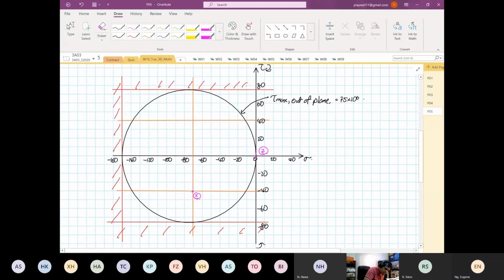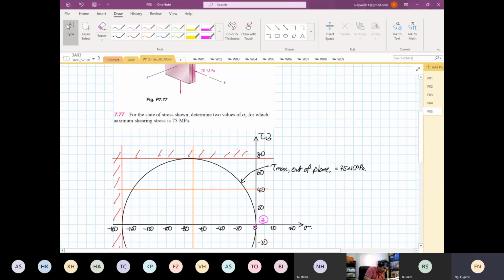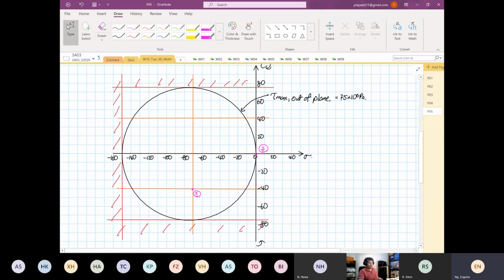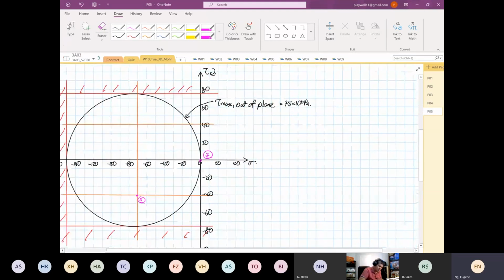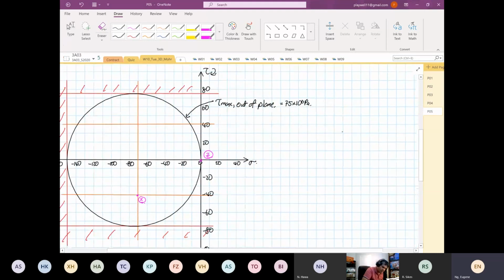Right? In our problem, it states that the maximum stress, you have to satisfy this rule. Okay, so if we're going to visualize, if the circle has to be, okay, so this is our tau max circle. So two circles have to be what?